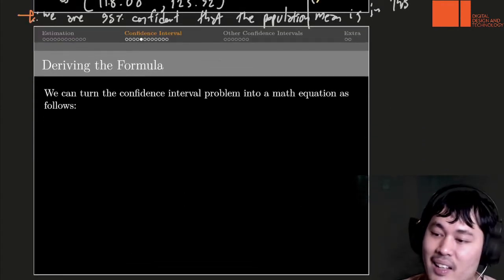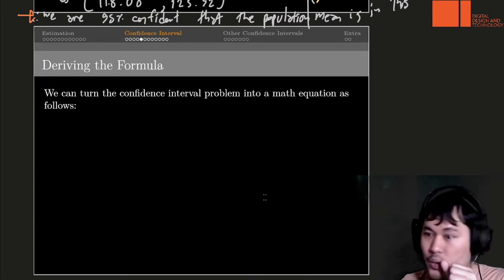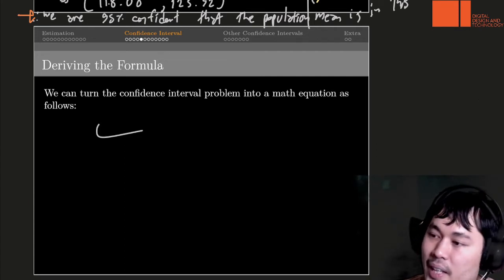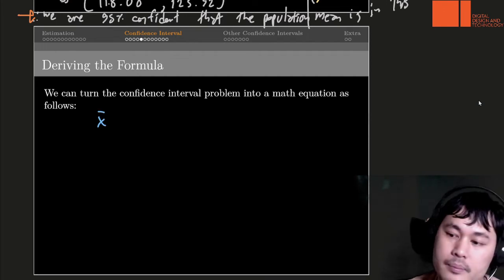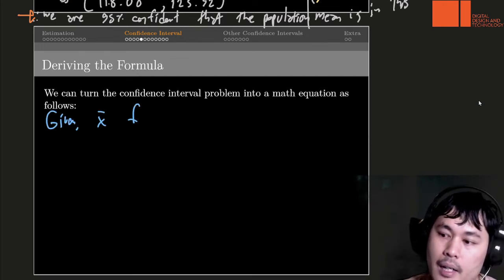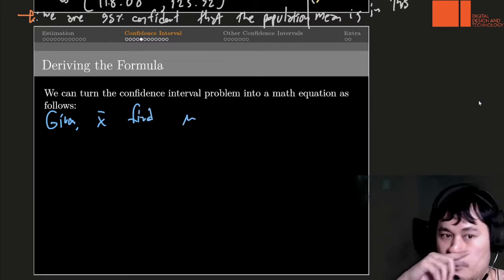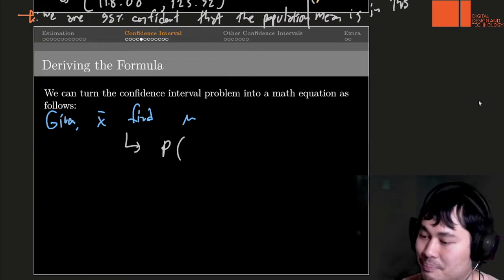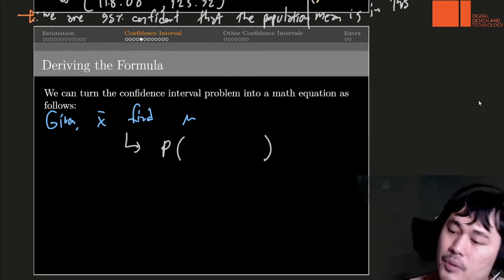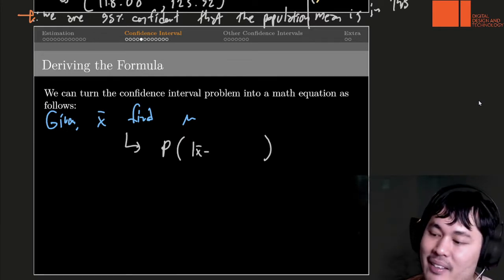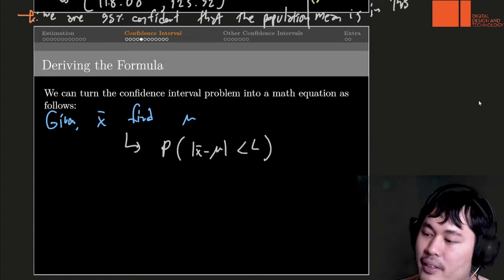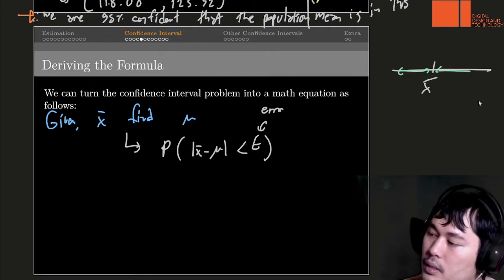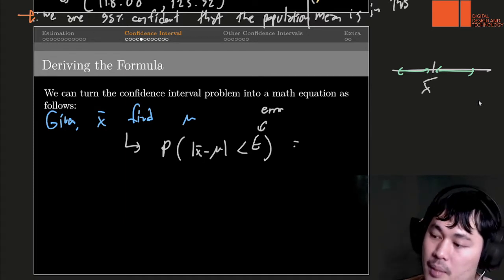But in case you are interested in knowing how to derive this formula, the question becomes something like: given x bar and mu. A quick explanation is that you want to find the probability that x bar minus mu is within some error, which is the interval that we have, and we want that probability to be 0.95.